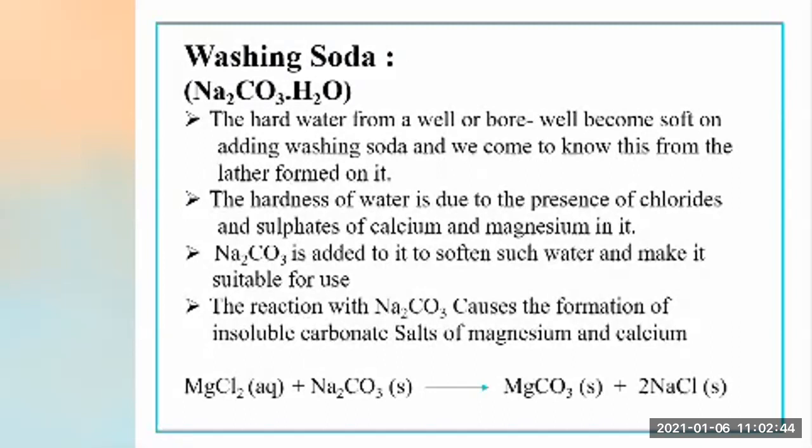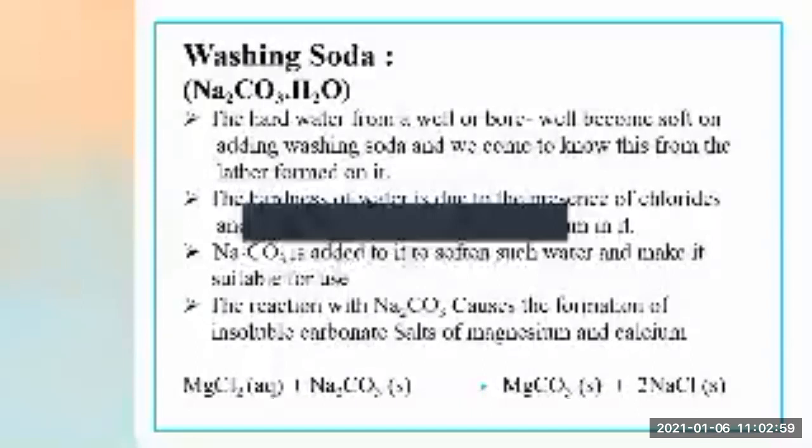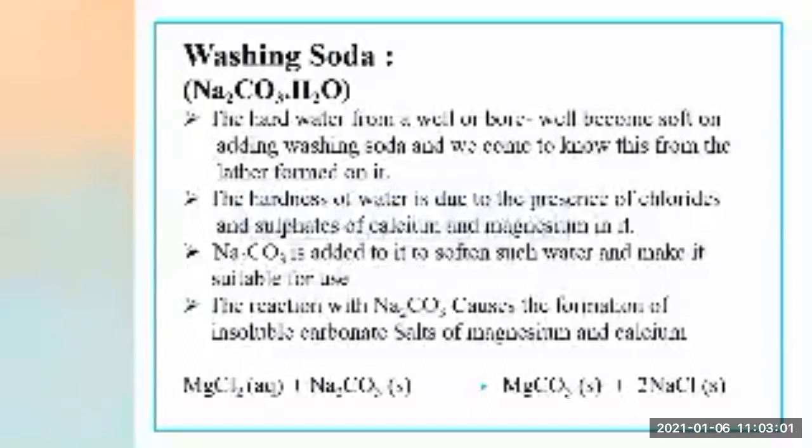It is hard due to the presence of chlorides and sulfates of calcium and magnesium in it. Na2CO3 is added to soften such water and make it suitable for use. Na2CO3, that is washing soda, is used to soften such water and make it suitable for use.